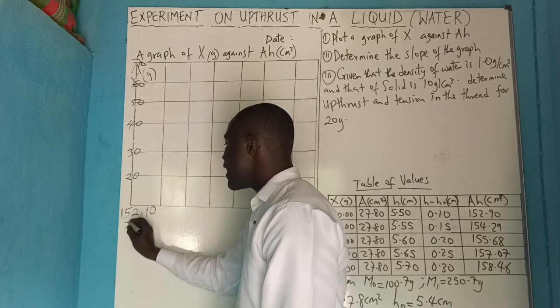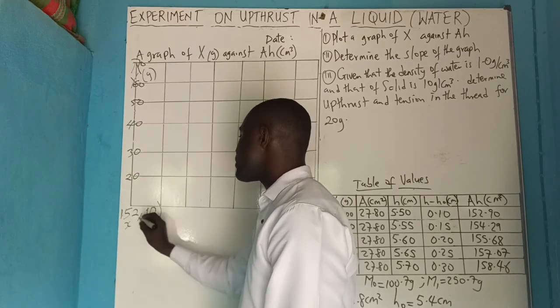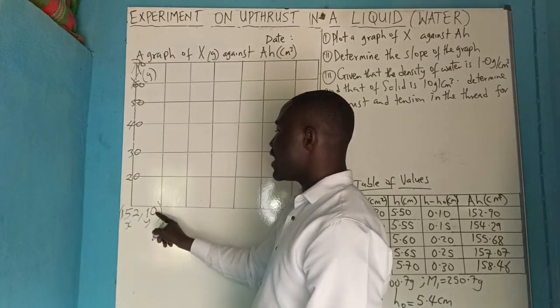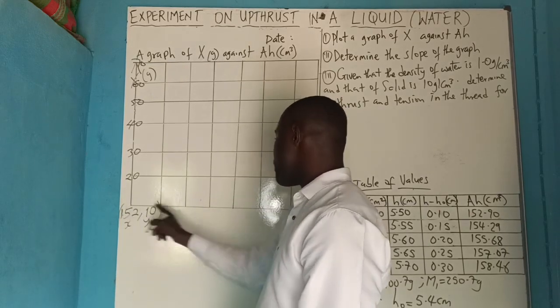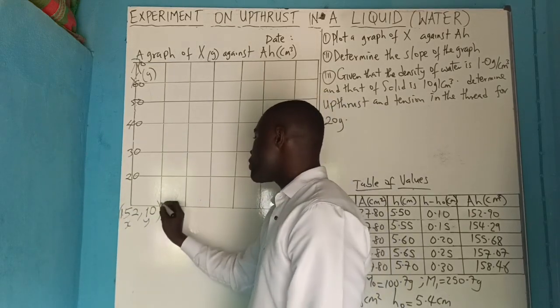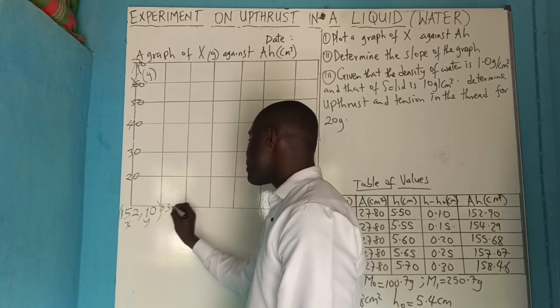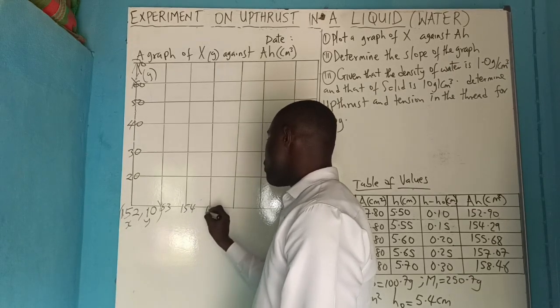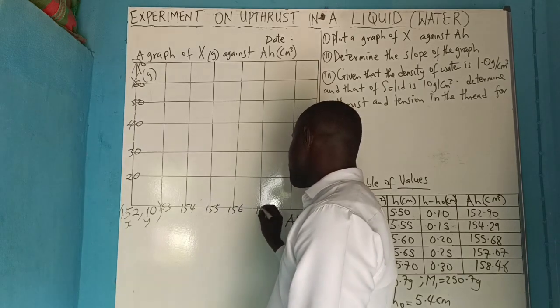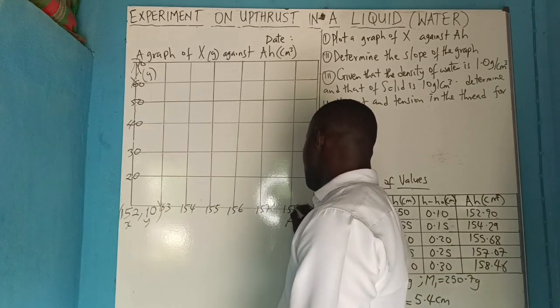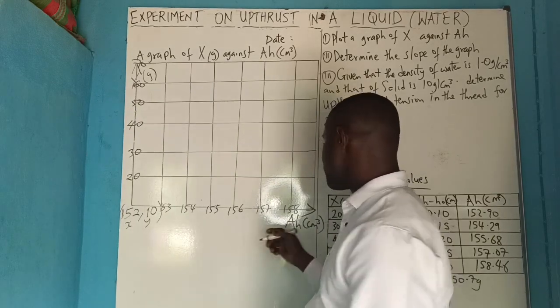This is for X and this is for Y. So this 10 means from here up, 152 means from here down. So 152 here, 153, 154, 155, 156, 157, 158, and 159.